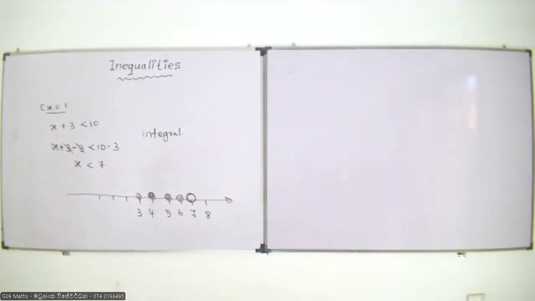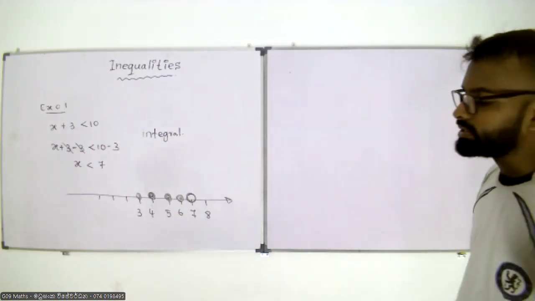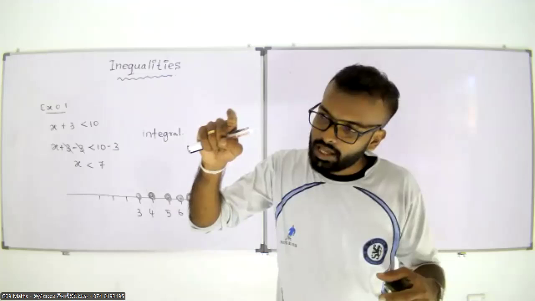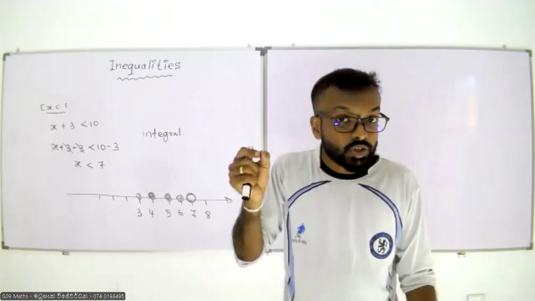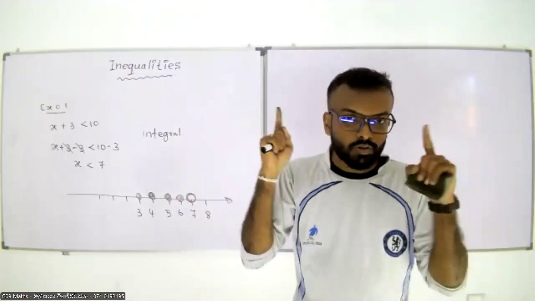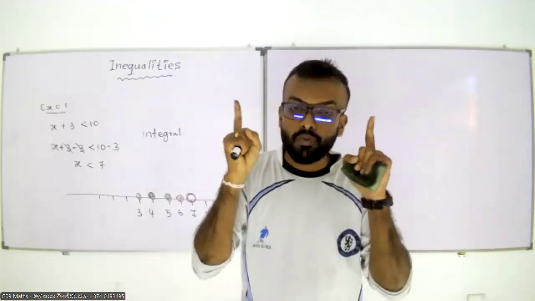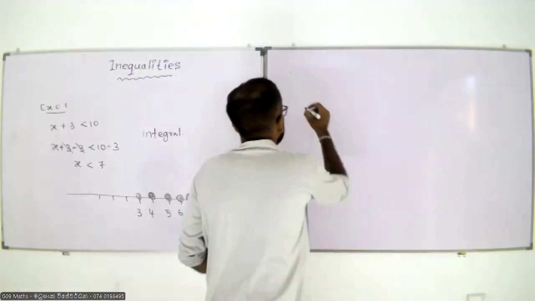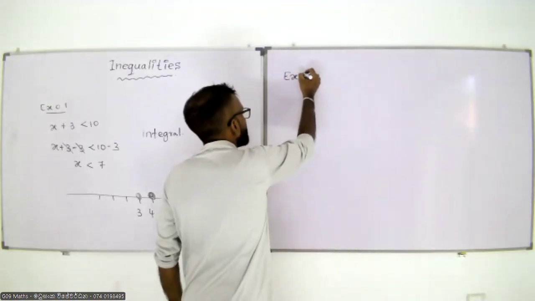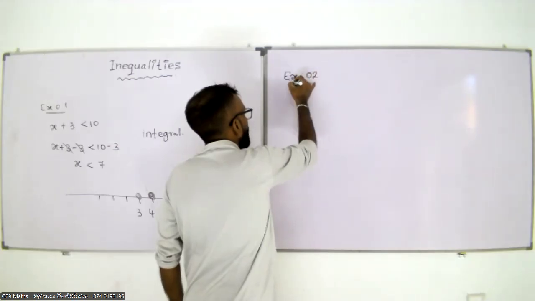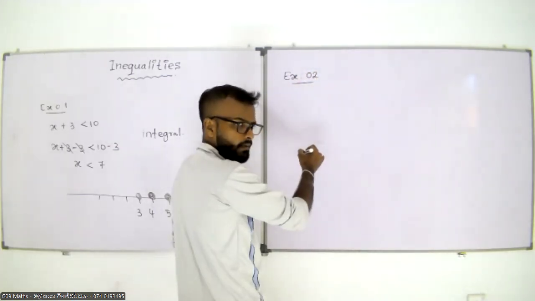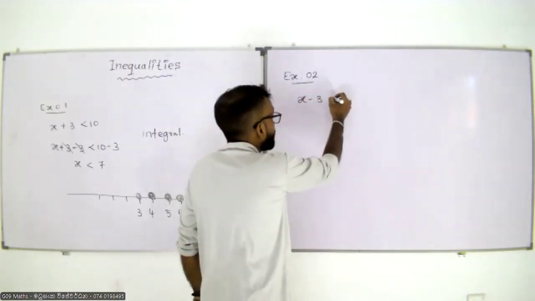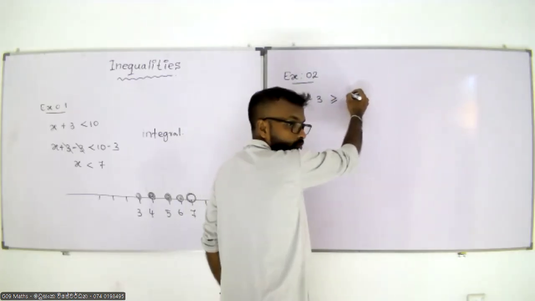Okay, then example number 2. That is also an equation, but there is an inequality mark instead of an equal mark. So you have to find the solution for x. Example number 2 is x minus 3 greater than or equal to 1.